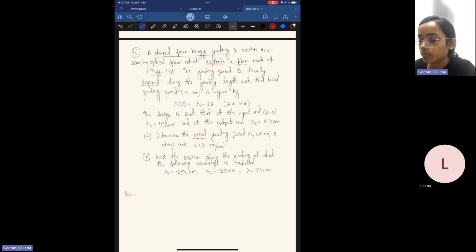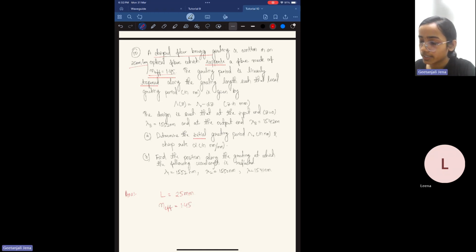A chirped fiber Bragg grating is written in a 25 mm long optical fiber which supports a fiber mode of effective index 1.45. So the total length of the fiber Bragg grating is given, which is 25 mm, and it is also given that the supported mode has effective index 1.45.